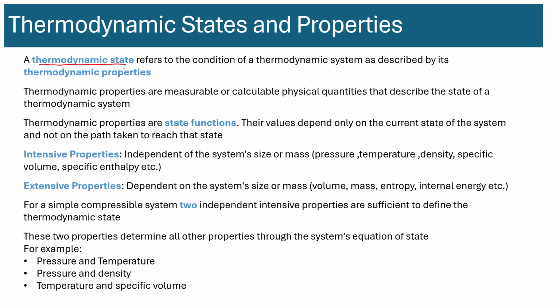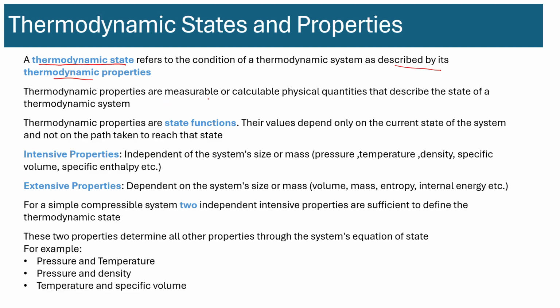So a state has to be defined concurrently with the definition of thermodynamic property. A state is defined as a condition of a thermodynamic system as it's described by its properties. So to describe a state, we need to know what a property is.